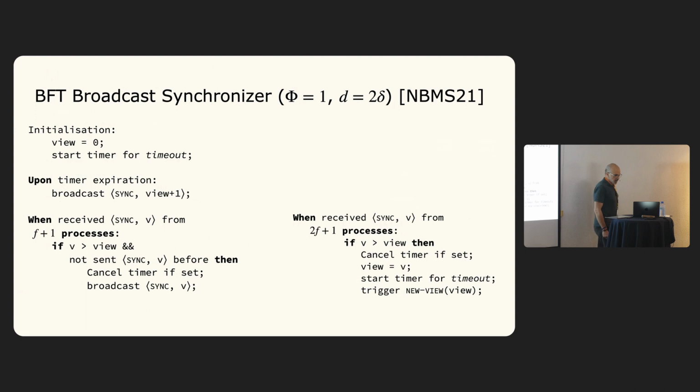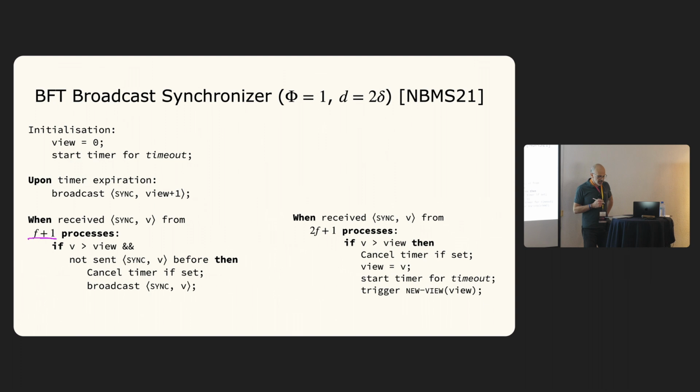So a nice thing is that we already have a solution for a Byzantine synchronizer. How do we obtain the solution? We take our broadcast synchronizer from before, and where we received a message from 1, we wait to receive messages from f plus 1.